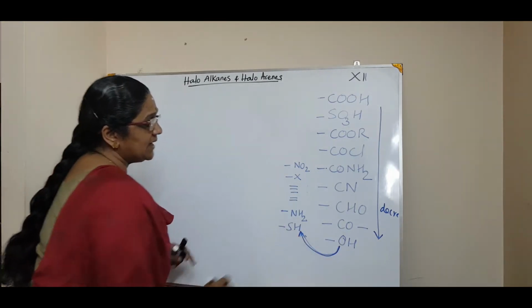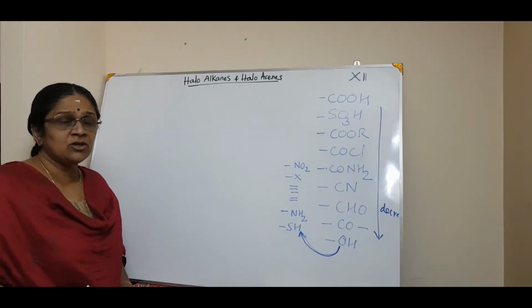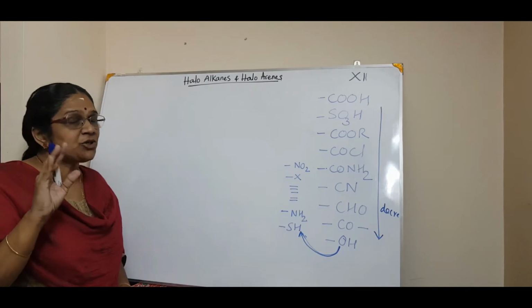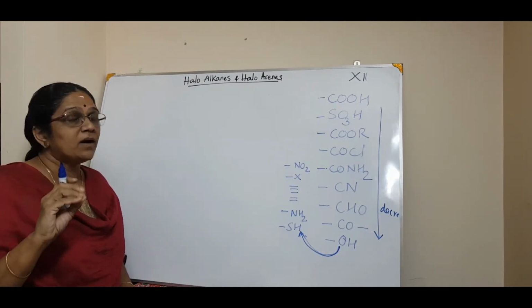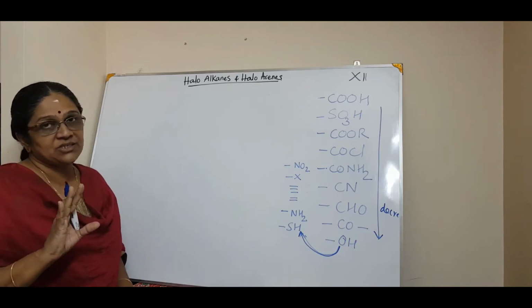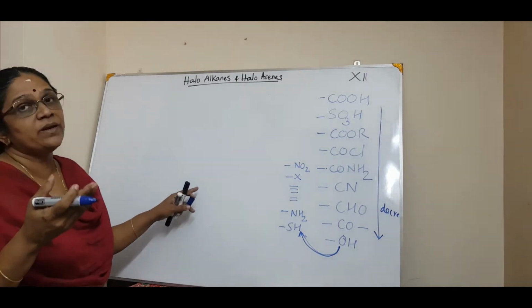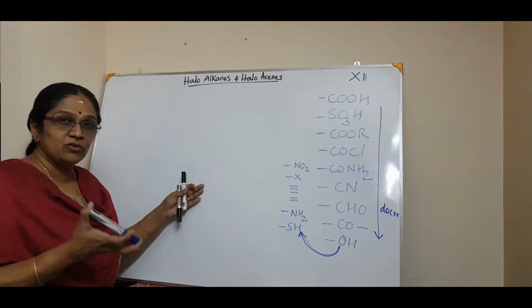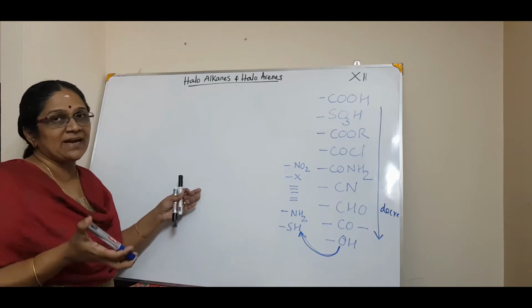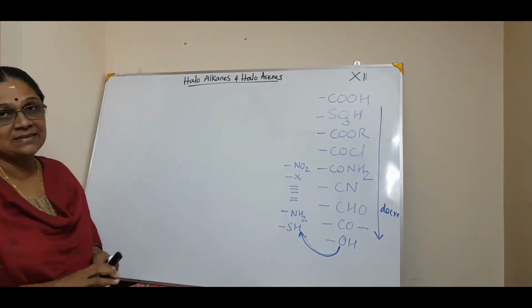Please write and study this, very, very effective. Because the question is sure shot for the board exam, naming of an organic compound, 1 mark, maybe 2 marks, sure shot question. So please practice many examples. I will give you some compounds for practice after this class, so you can practice it.